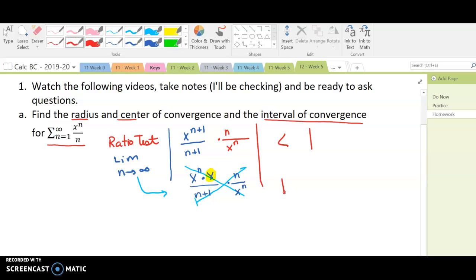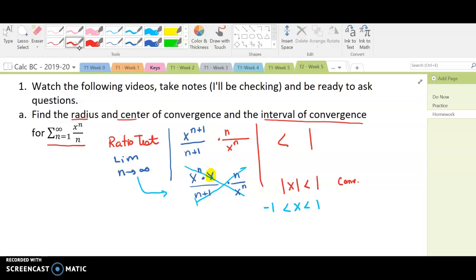So we're really saying when the absolute value of x is less than 1, then our series will converge. And so that means that x is less than 1 and greater than negative 1.